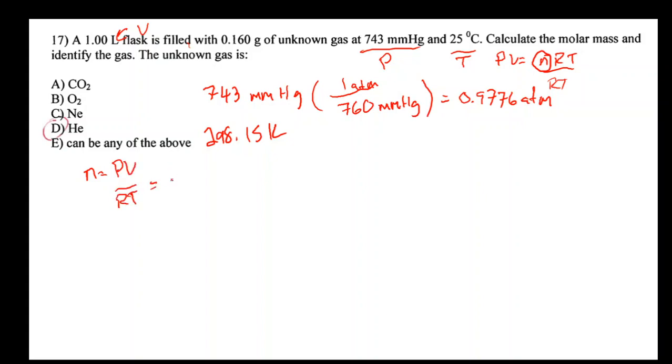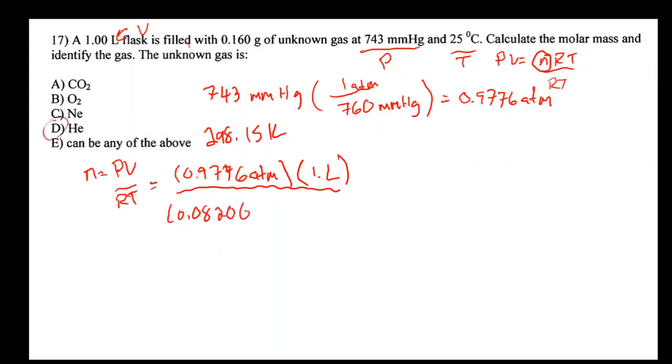So then, plugging in our numbers here, we have our pressure of 0.9776 atmospheres times our volume, which they said was 1 liter, all over R, which is our gas constant, 0.08206, times our temperature 298.15 Kelvin, and that will give us something in moles.